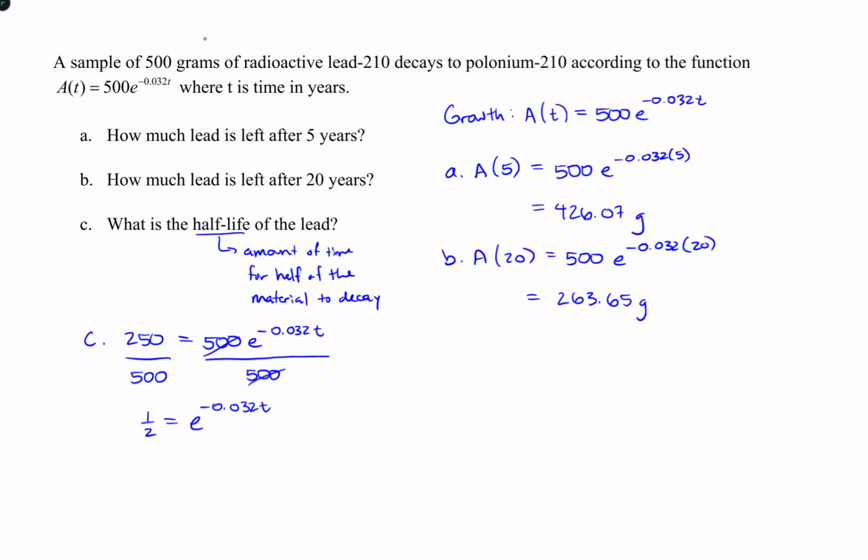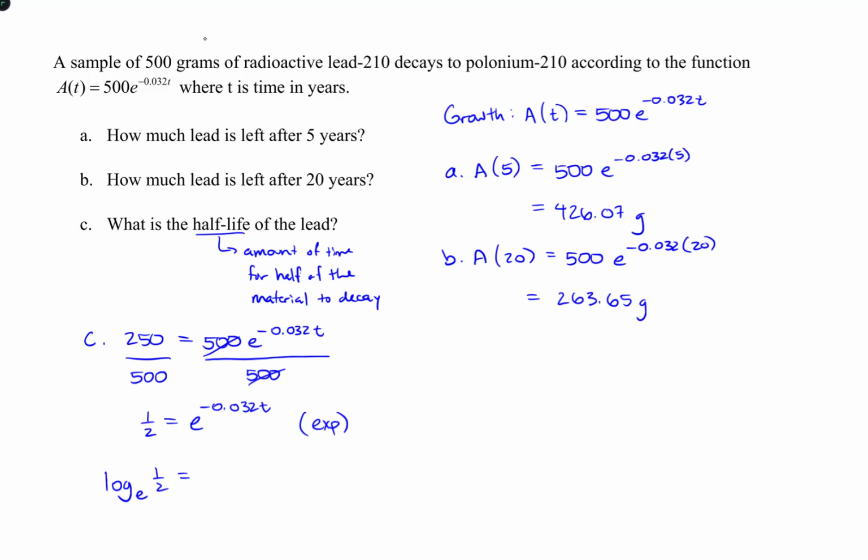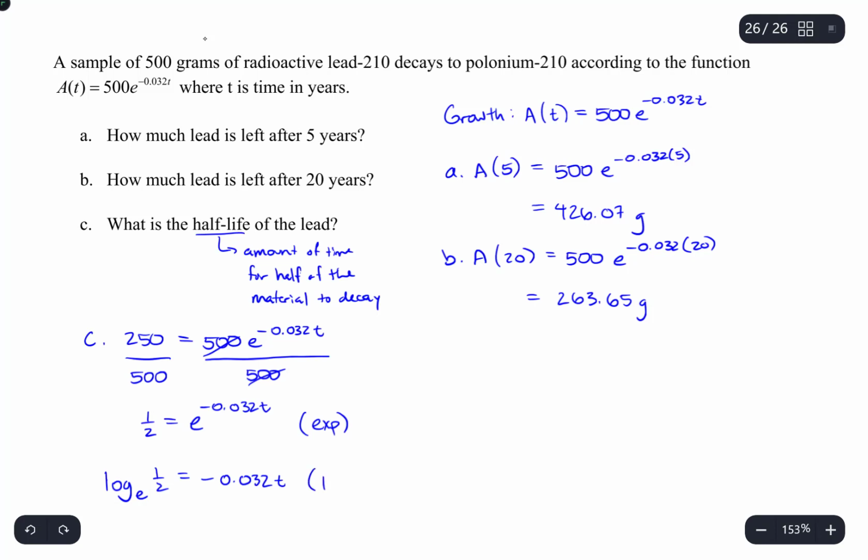Now at this point, we can change this exponential equation into logarithmic form so that we can solve for the variable. In log form, it would be log base e, because e is the base of our exponential, of 1/2, and then logarithms are equal to the exponent, so that would be equal to negative 0.032 times t.